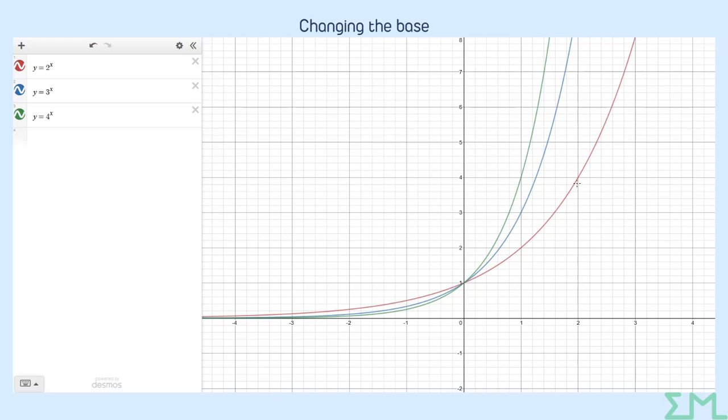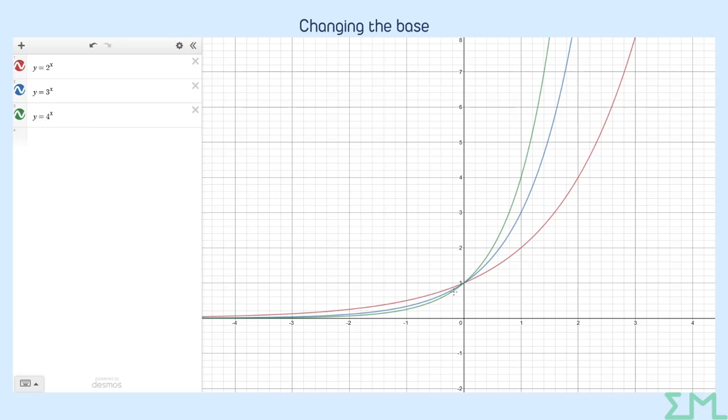Obviously if our base number is larger, as we raise that number to higher and higher powers, we're going to increase more quickly. So you can see that the blue and the green graphs are higher earlier on than the red graph. They're getting steeper quicker. The gap is getting larger and larger as they go. All the graphs still pass through 0, 1, because anything to the power of 0 always equals 1.